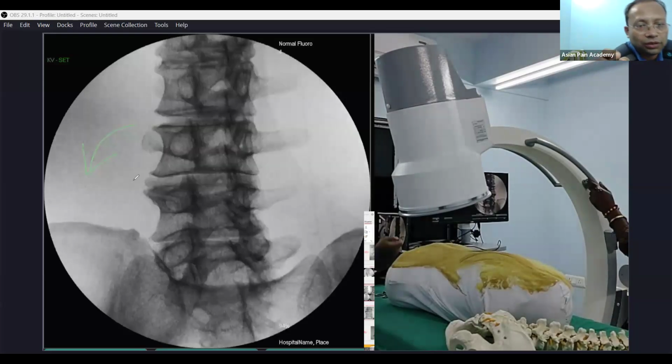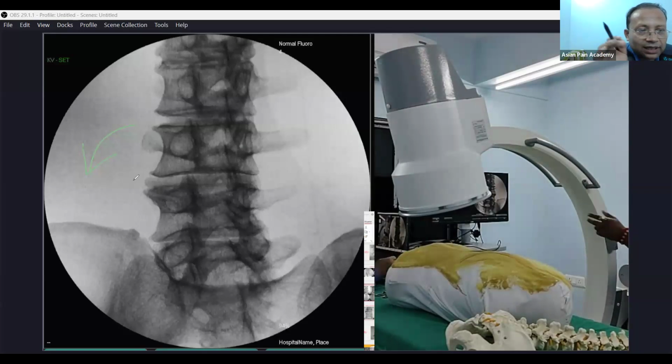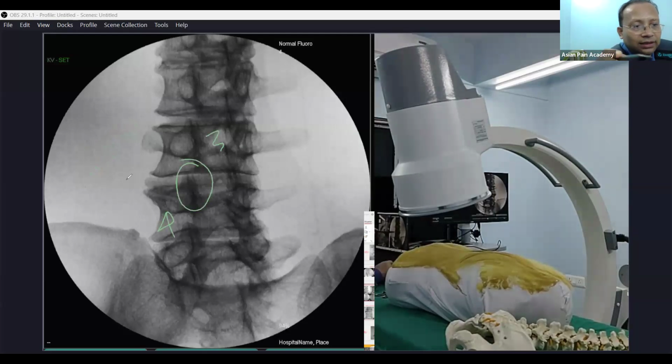Okay, okay. So L34 left side. So you can see that this is 4 and this is 3. L34 left side. So this is our target. Here we can see one Scotty dog in this way, and nose cannot be seen. Okay.